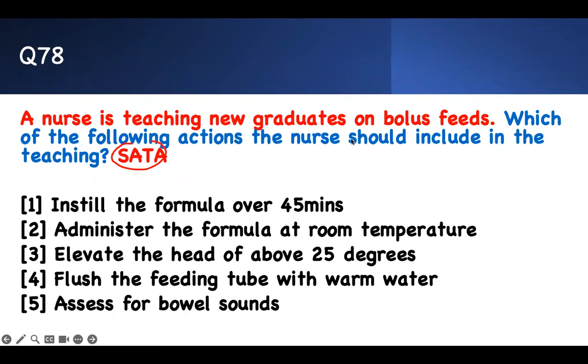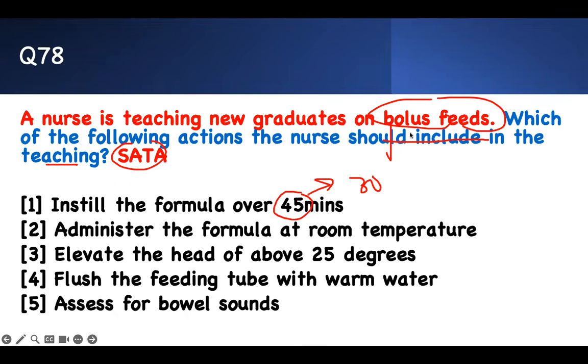Which of the following actions should the nurse include in the teaching? A nurse is teaching a new graduate about bolus feeds. Bolus feeds means you come in every 4 hours, 6 hours, and give them bolus feeds. You instill the formula; 45 minutes is too long.